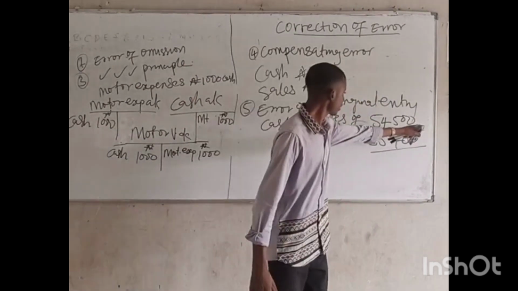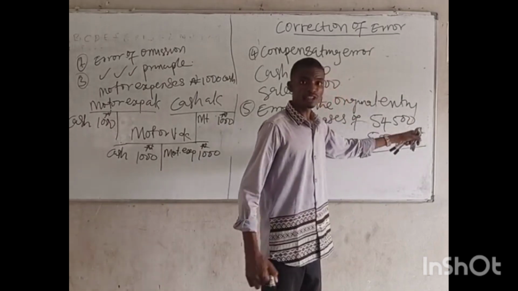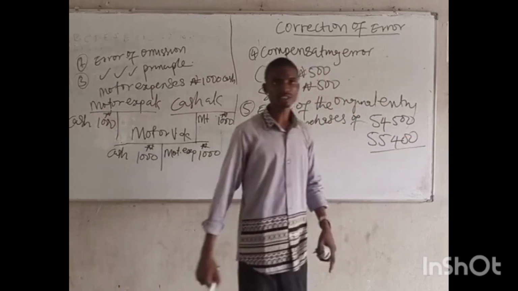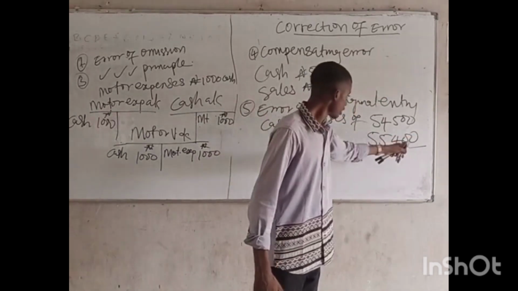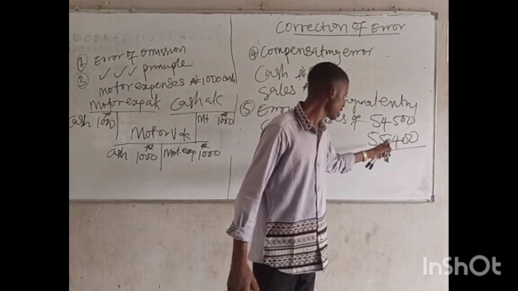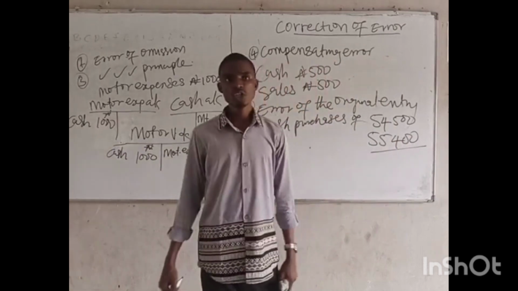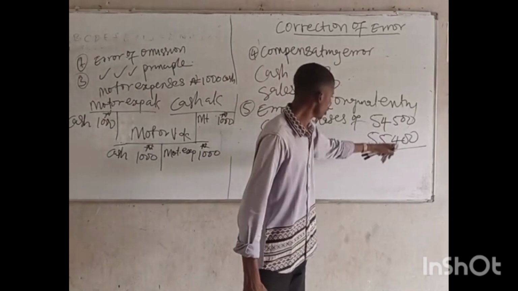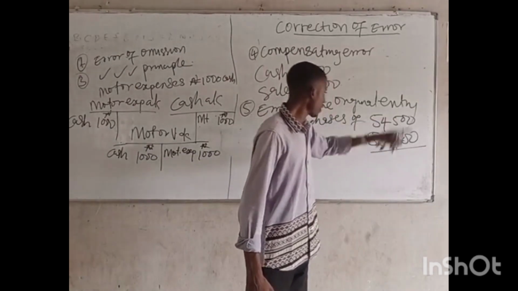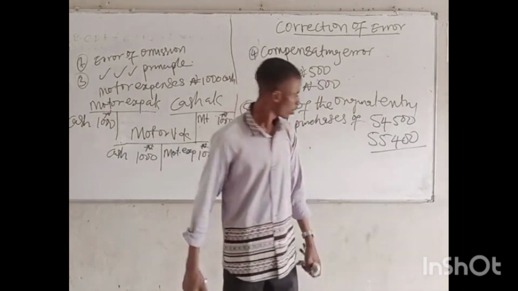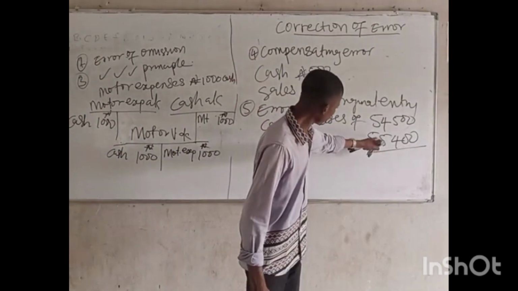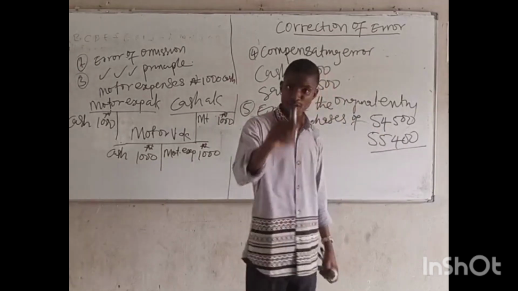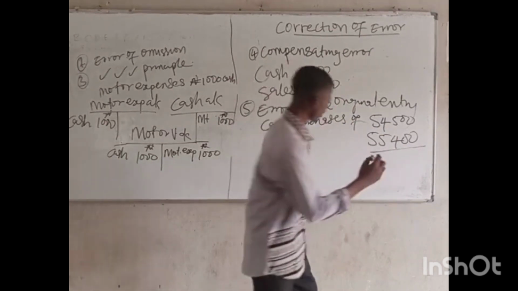This is the original figure, but the bookkeeper mistakenly recorded this amount, and with this amount, the double entry was passed using this wrong figure. So for you to correct this type of error, you have to check the difference between the correct figure and the incorrect figure. Of course, 55,400 minus 54,500 will give you 900 naira.